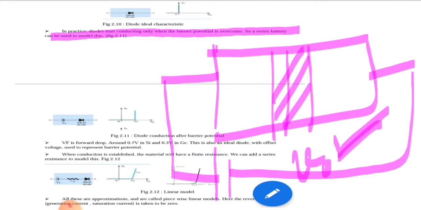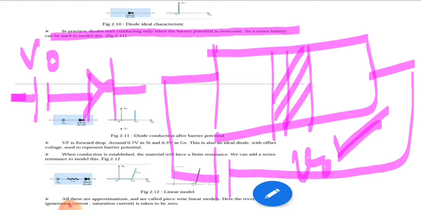So when modeling the diode, we have to include one battery having this barrier potential value V0 or E0, and then draw the diode. The diode will conduct only when the applied voltage crosses this V0.